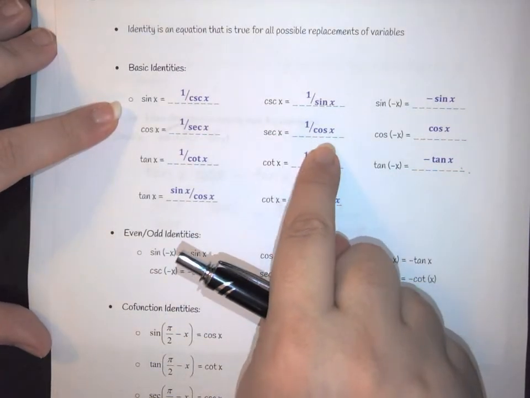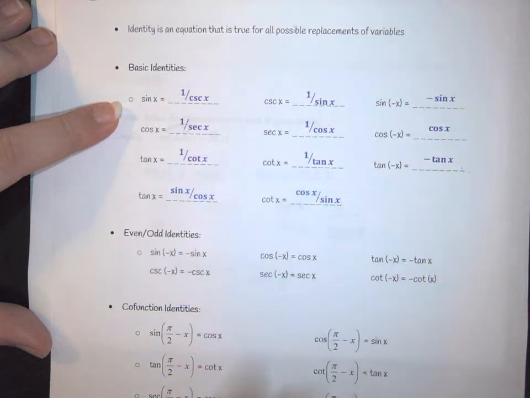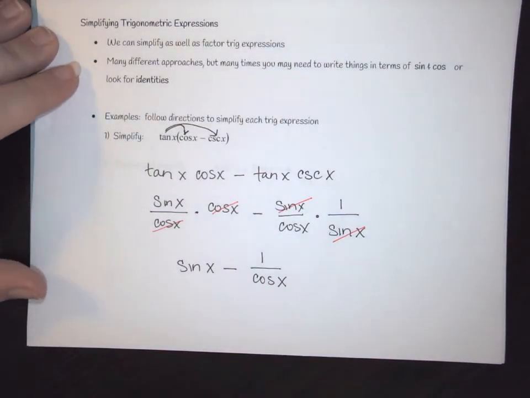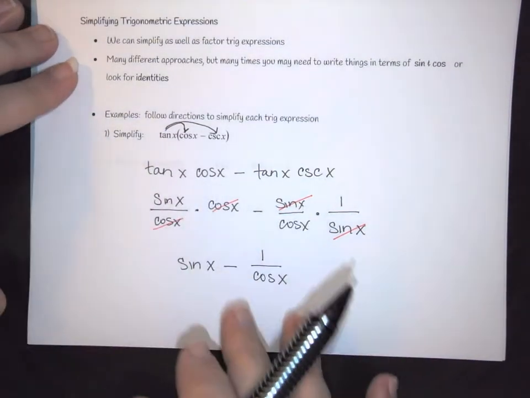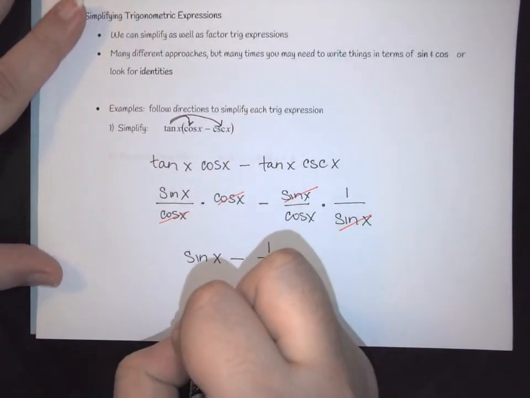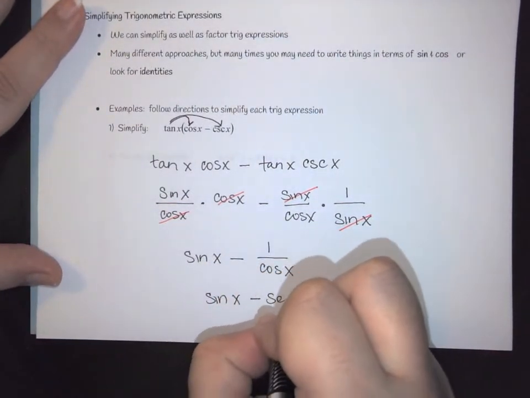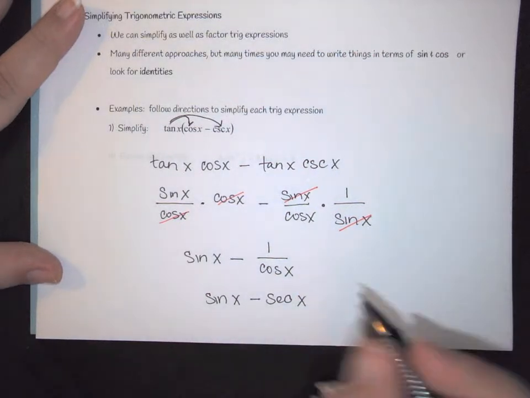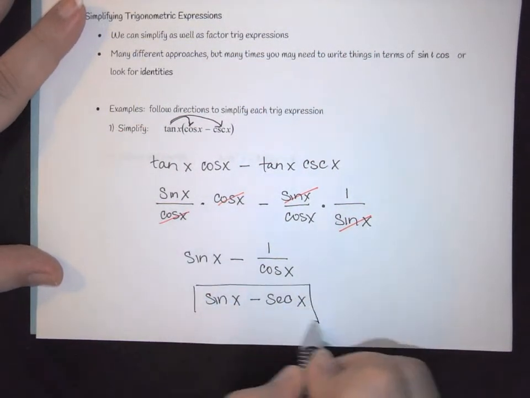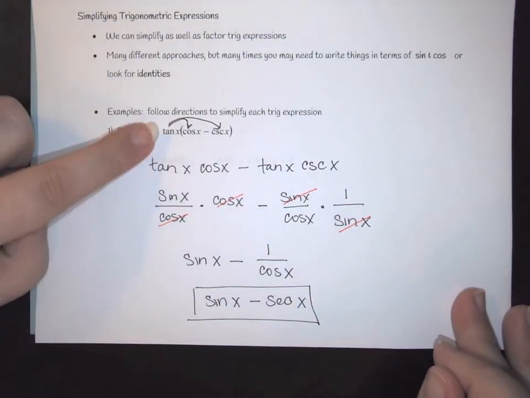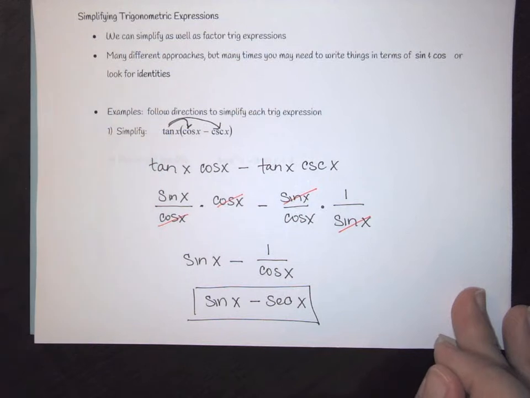Again, my 1 over cosine of x is the secant. So here, this is really the sine of x minus the secant of x. And this would be a more simplified version from what we started with.